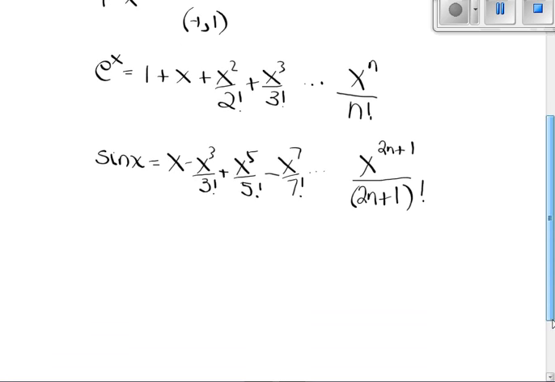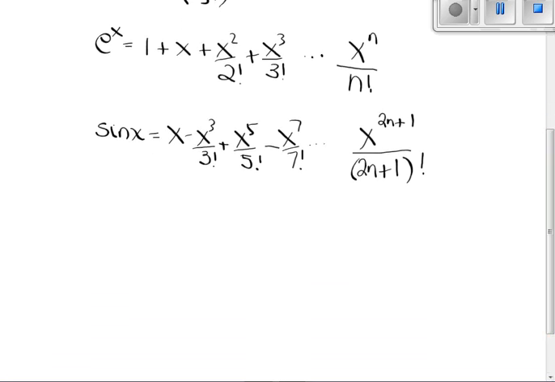And the cosine, oops, I forgot my negative 1 to the n. What's the cosine of x? It's an even function, but not only that, it's the derivative of the sine.